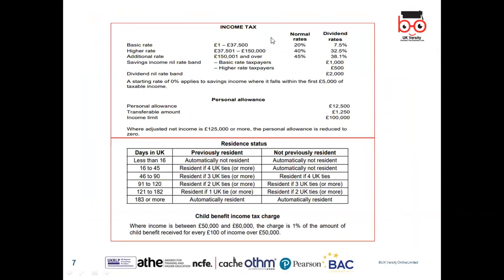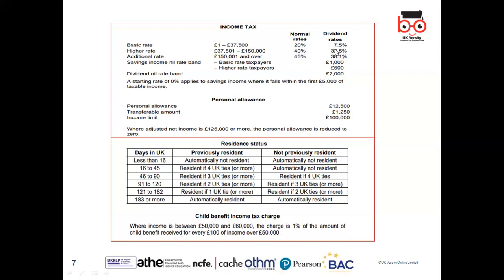So we know in the year the base is 37,500 at 20%, and the personal allowance, and anything above that is 40%. And on the dividend, if you fall in that bracket, it's 32.5%.